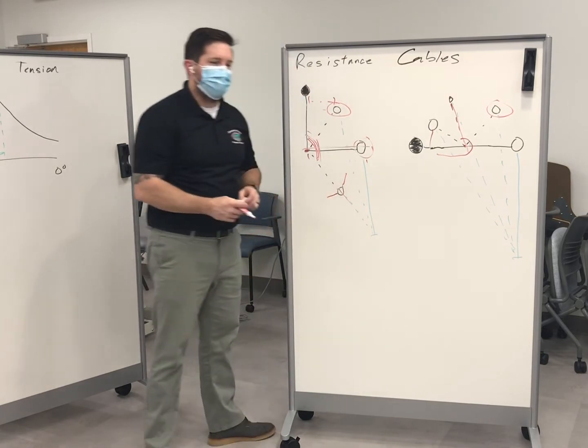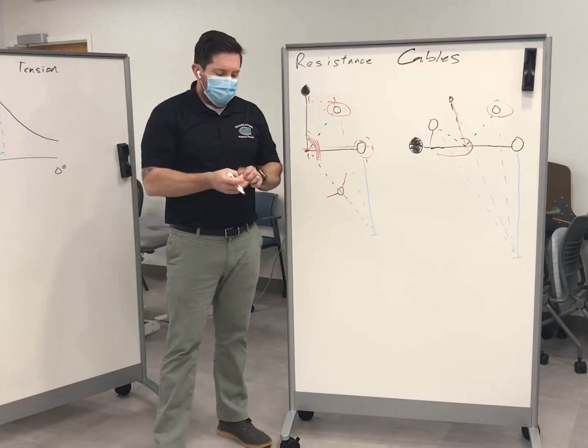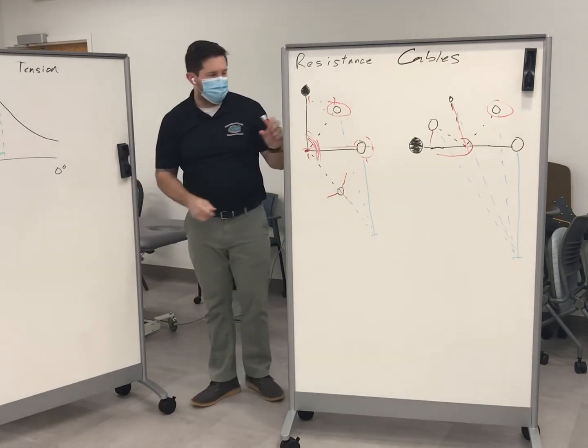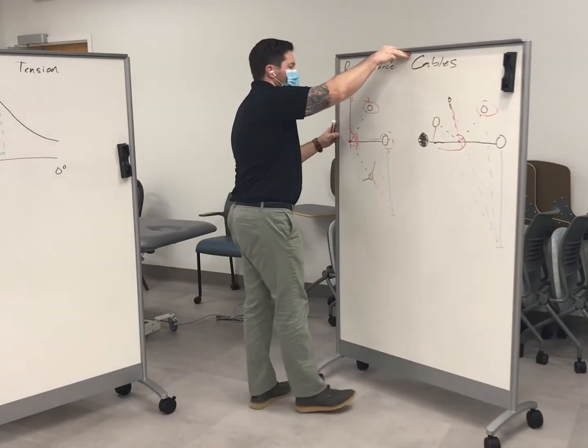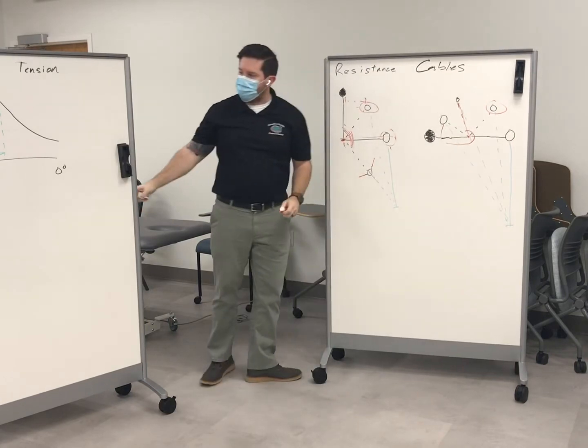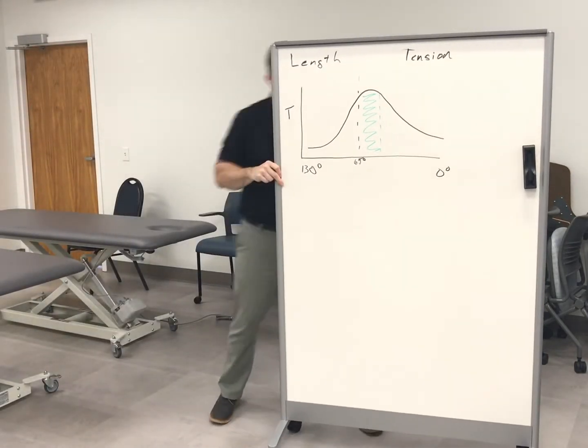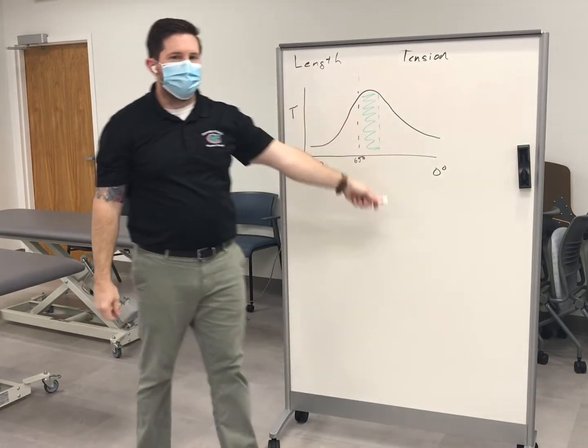Now, going back into the interplay, for those of you who really study this stuff, we're not talking a lot about the relationship of all of these positions to our length-tension curve.